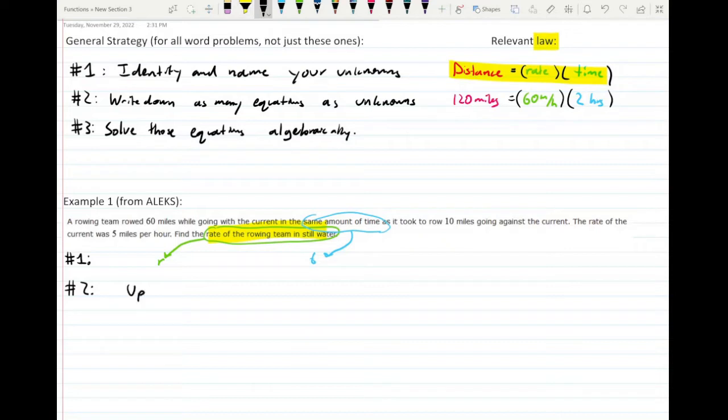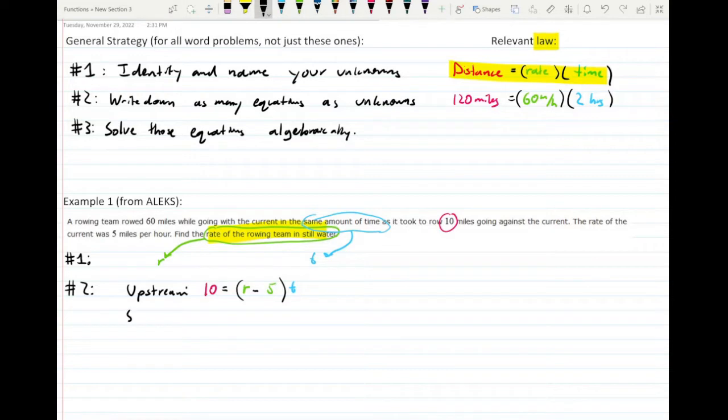So going upstream, we have that the team traveled a distance of 10 miles at a rate of their still rowing rate minus the rate of the current, or 5 miles per hour, because the current is fighting them when they're going upstream, and that they rowed at this rate for t amount of time. So that is our first equation, which covered the upstream trip.